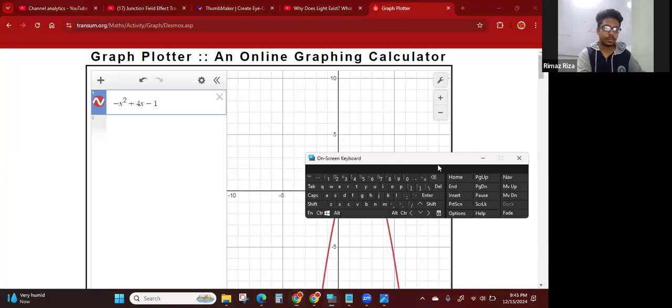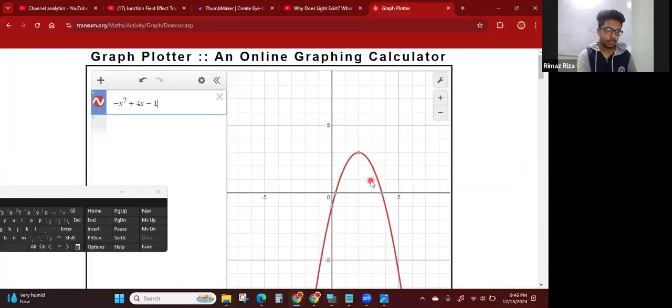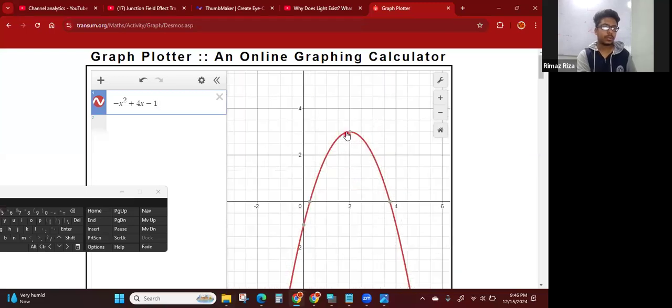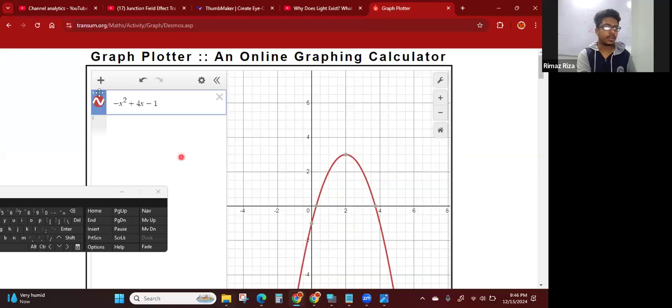Okay, so here's the graph. So this is the graph of minus x squared plus 4x minus 1.